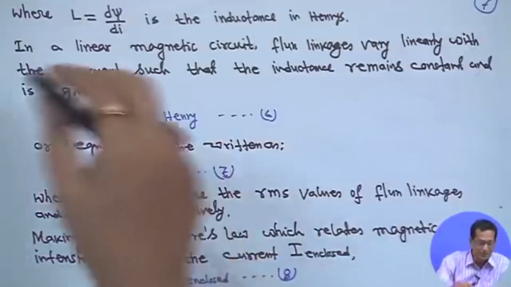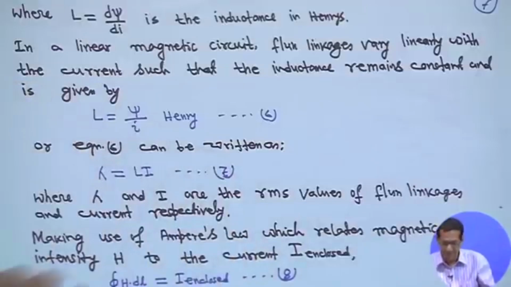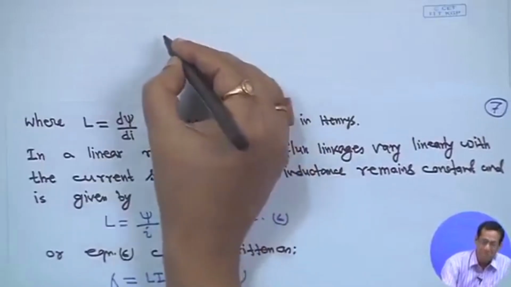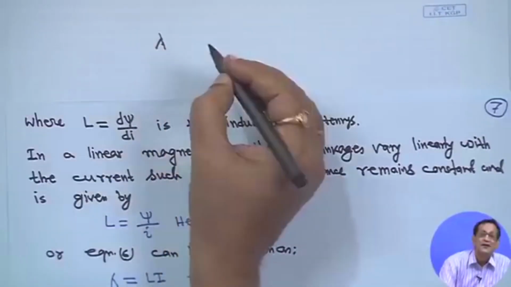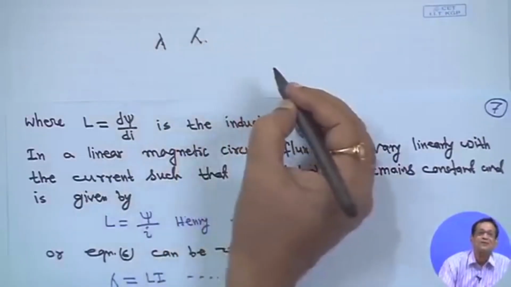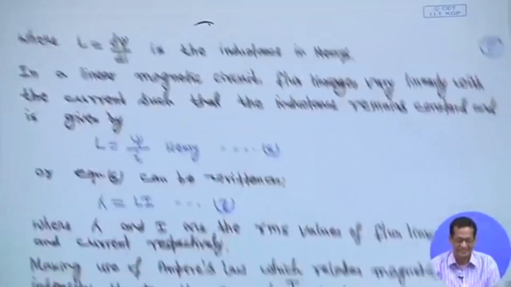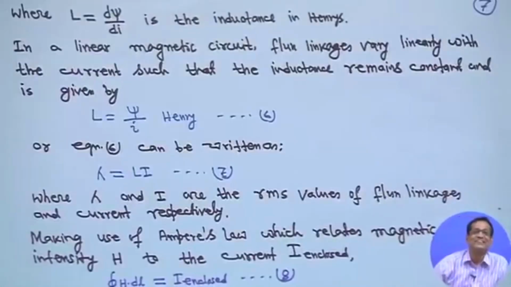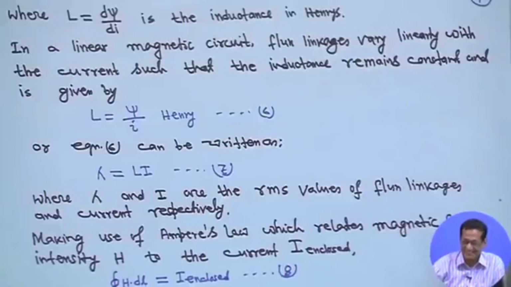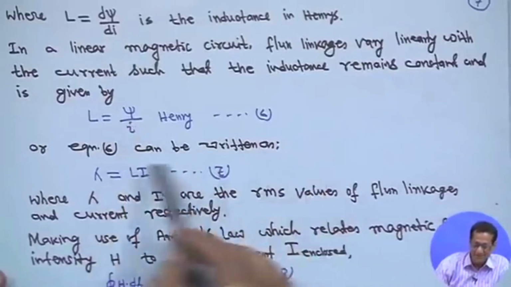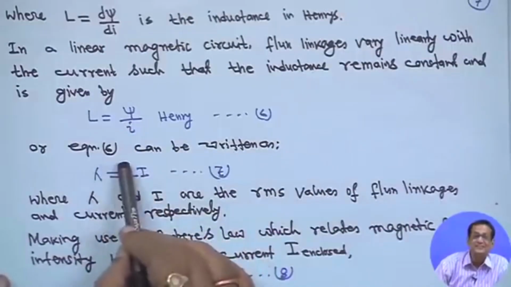One more thing I would like to tell: the lambda symbol is actually written like this, but my habit has become to write lambda like this. Throughout this I will use this, so there should not be any symbolic change. This psi, we use lambda for it, as the flux linkages.